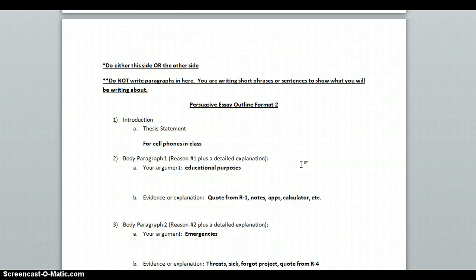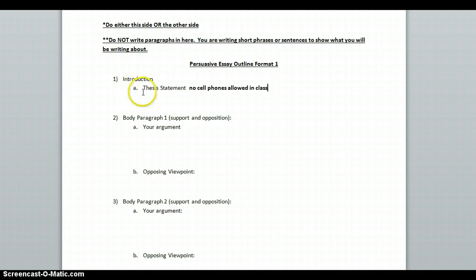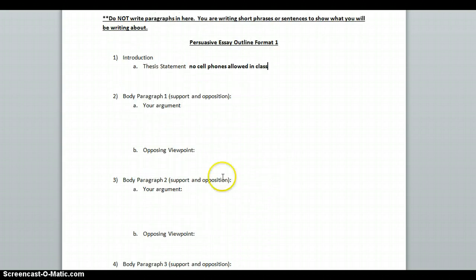Okay, now let's say we were doing number 1. And for this one, we'll put no cell phones allowed in class. Now for this one, if I've got 3 really strong arguments, I'm going to list them here.